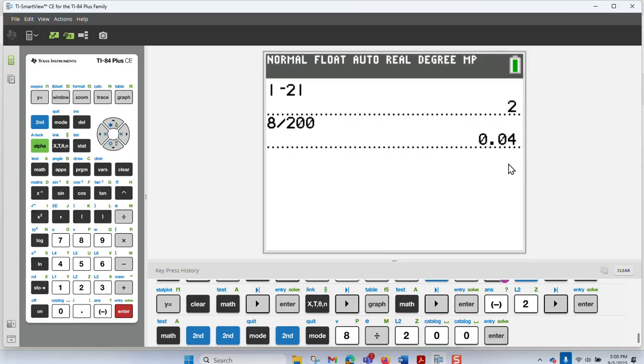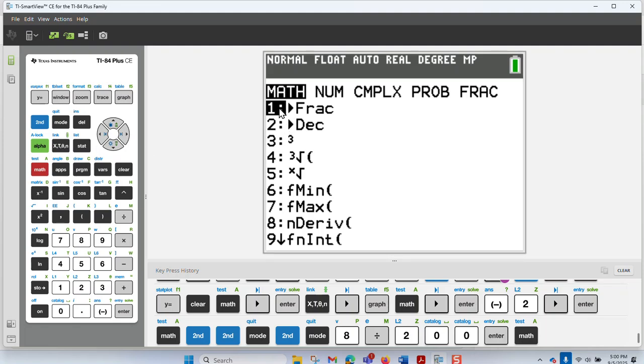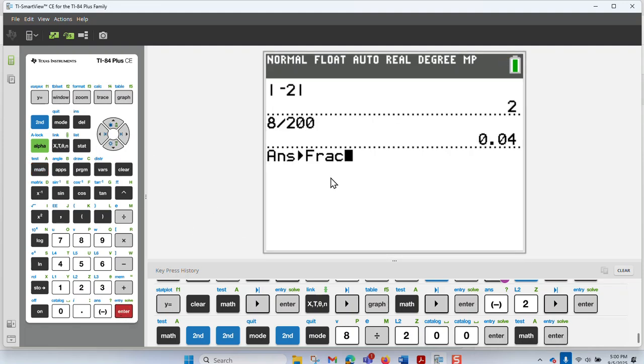But if I want to keep the exact answer, but lower it to the lowest simplified fraction, I can go to math in here and say I want to change this answer into a fraction. So you don't have to retype it. You just say change this one, it automatically carries the answer in here, and then hit enter. Oh yeah, 8/200 is equal to 1/25. And this one is the simplified fraction of 8/200.